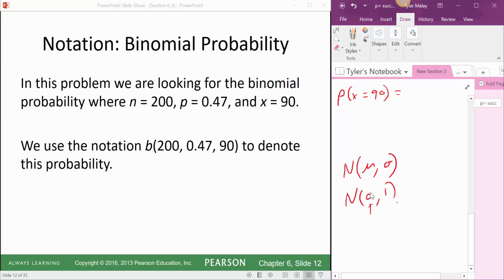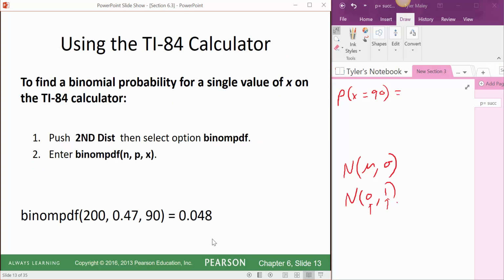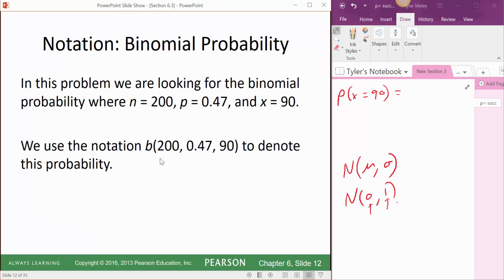This tells me my mean and my standard deviation, and those 2 things indicated what type of shape we were looking at. Where with the binomial distribution, we're concerned with n, p, and x. So this is just another way to denote that, right? So taking this information, we can denote it with this, right?